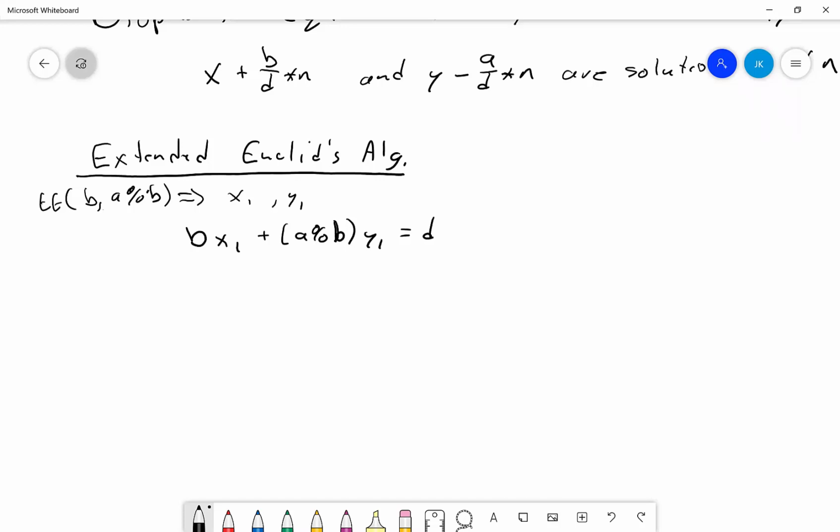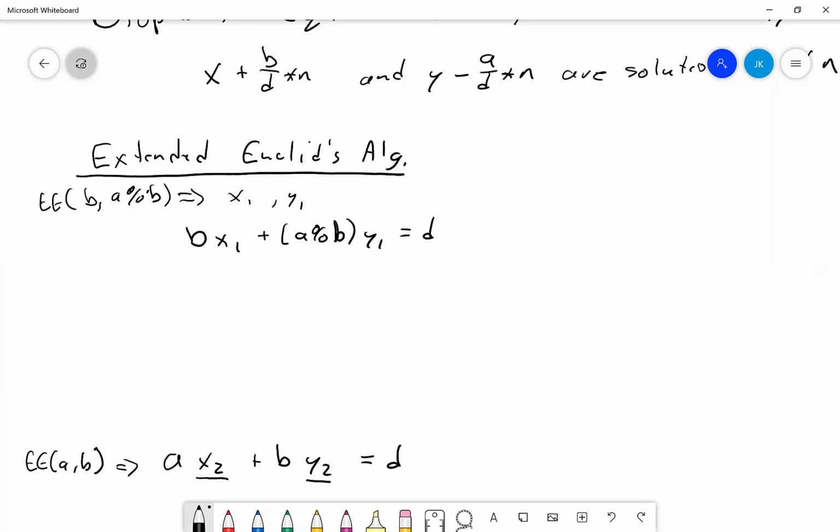Okay, so if we were to now add onto this side, if I actually take this and convert it, where we want to end up at the very end is we need to show that A times X2 plus B times Y2 equals D. So for the thing that we actually care about, where we have extended Euclidean of A, B, what we need to do is figure out what are the X2 and Y2.